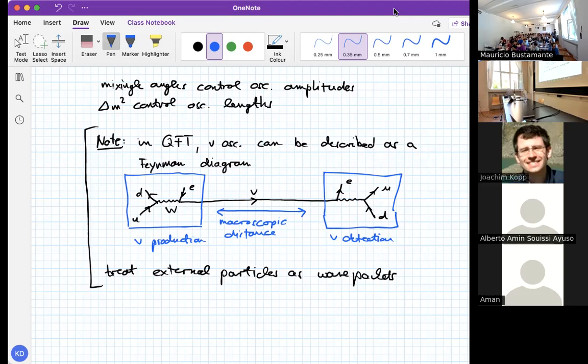At what point would decoherence become experimentally relevant? So let me first quickly explain what decoherence means. Imagine you have a neutrino traveling through space, and that neutrino is described by a wave packet.